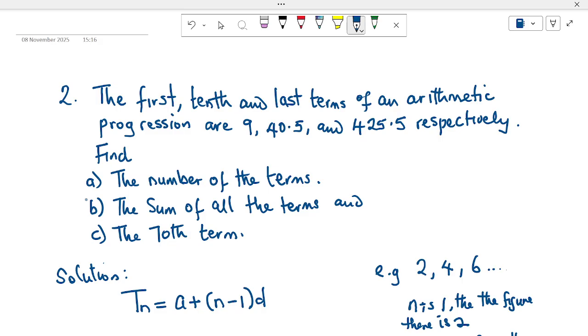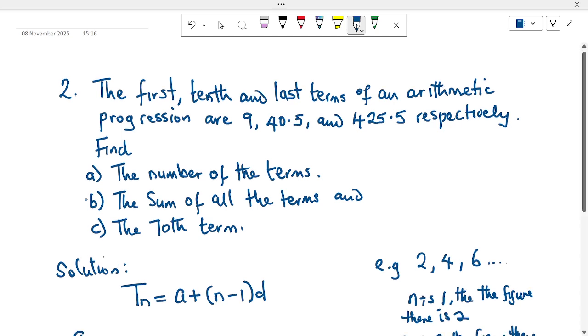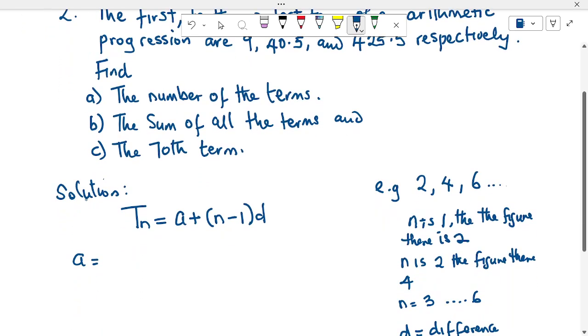So who can tell me, from the information given in that question, what our A is? Did you say 9? You are correct. Our A is 9. Our T10, the number in the 10th position, is 40.5.